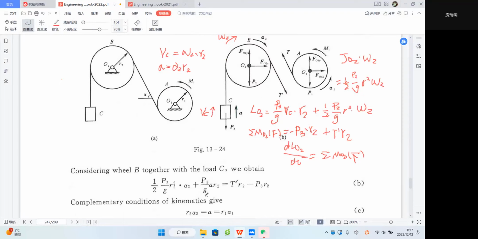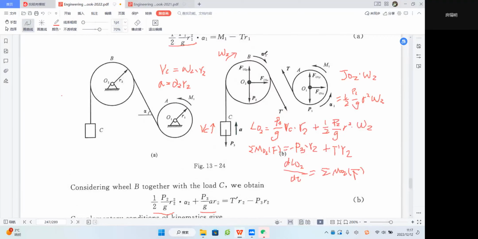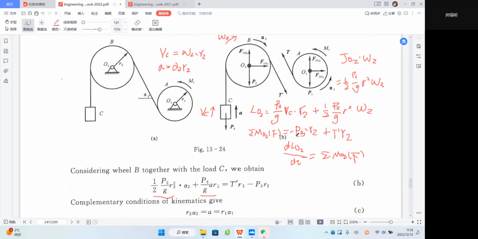And this part, 1 P2 over G R squared, never change, so we have the same. And the derivative of this omega 2 will be the angular acceleration. It's R2 plus T prime R2.